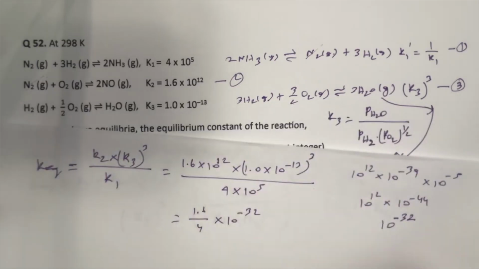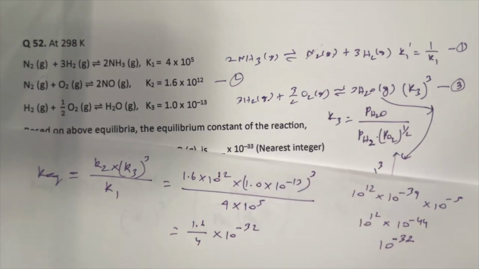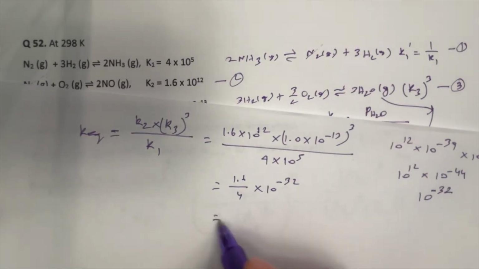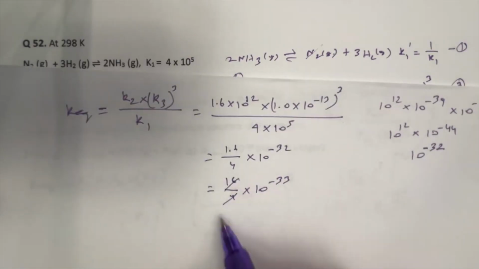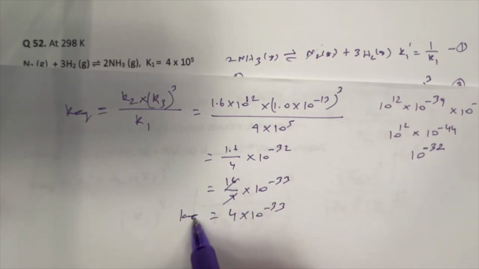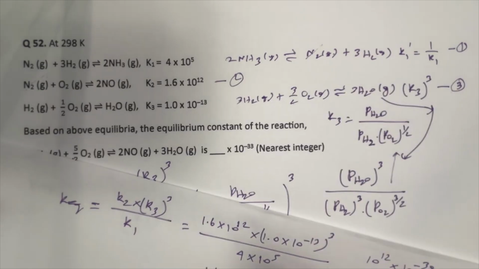Now they are asking in terms of 10 to the power minus 33. So what we can do is, let us make this one as 16 divided by 4. Then we can write it as 10 to the power minus 33. So this means 4 times 10 to the power minus 33. That's the correct answer. So that means 4 is the correct answer here.